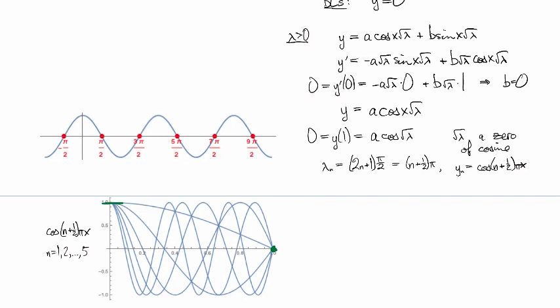But you still might ask, if somebody gives you a generic function y, is it possible to build this as a linear combination, or as a generalized Fourier series, in terms of these functions?